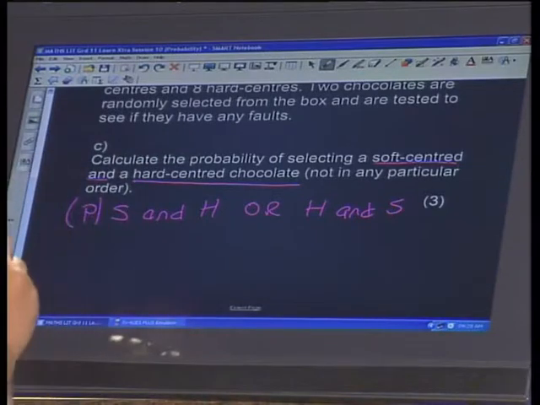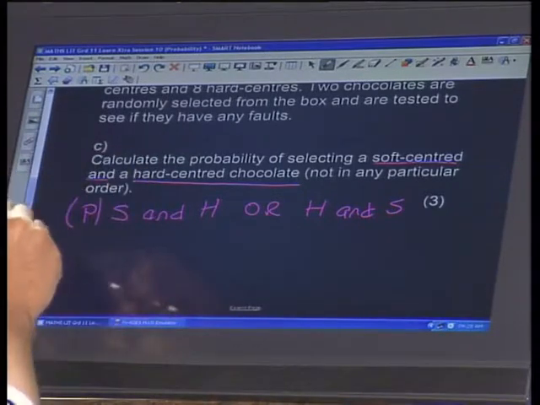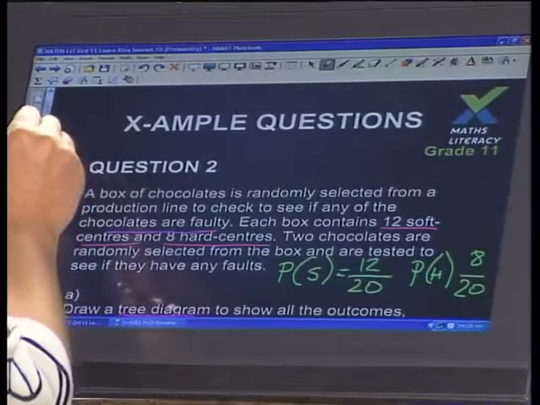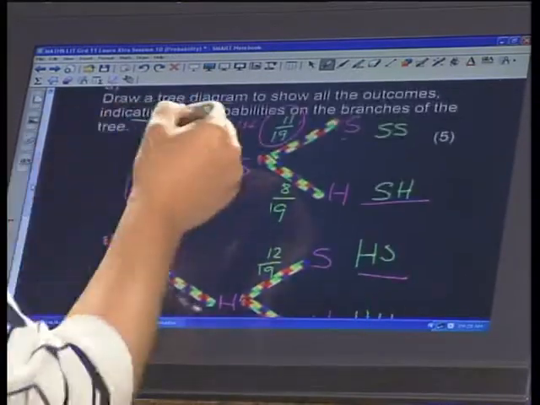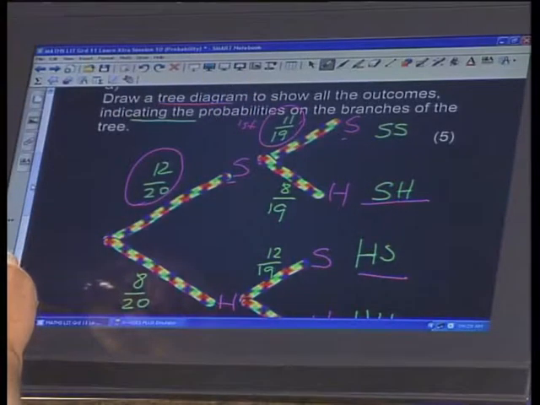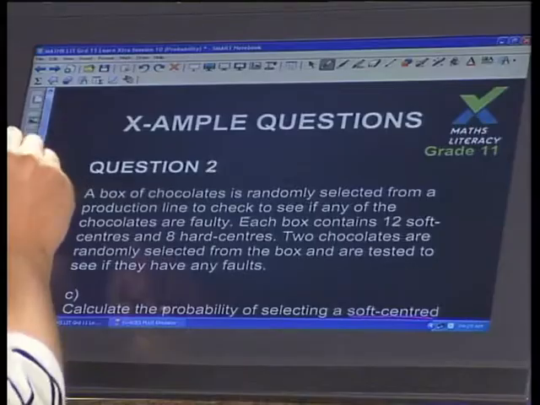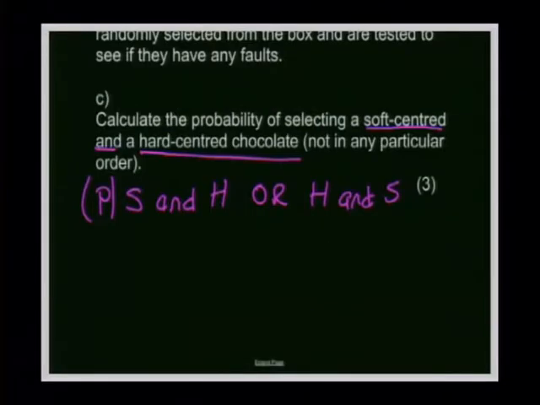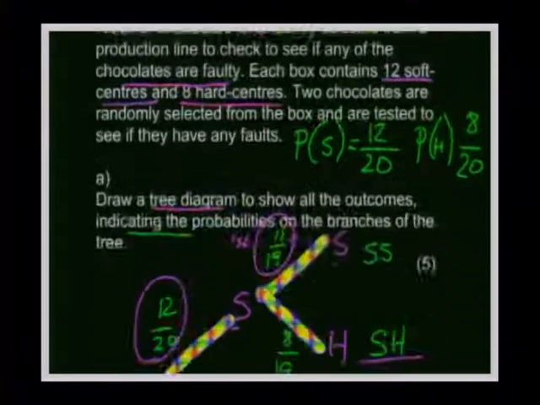So now let's go through and see what those probabilities were. Going back to my table, I can see that my first event was 12 out of 20 and 8 out of 19. So let's write that in. The first, for soft, was 12 out of 20, and for hard, I'm just going to go back and check what that was.